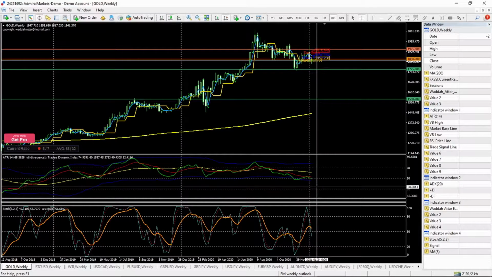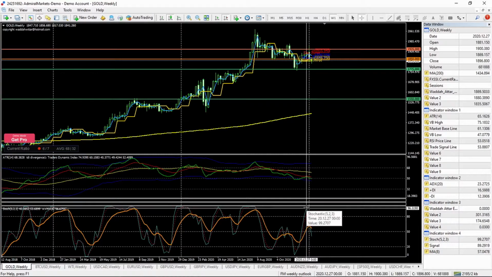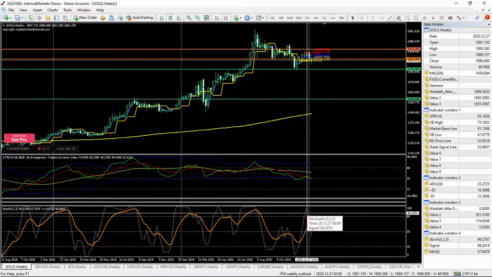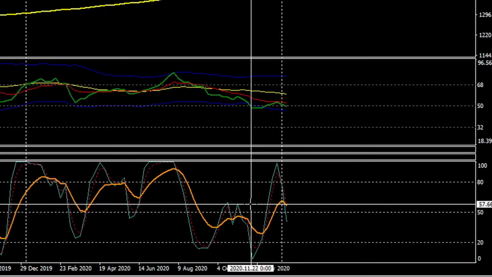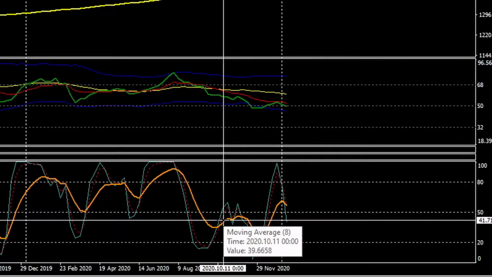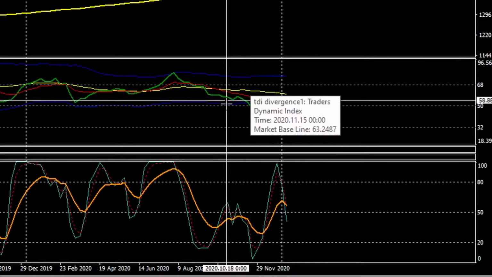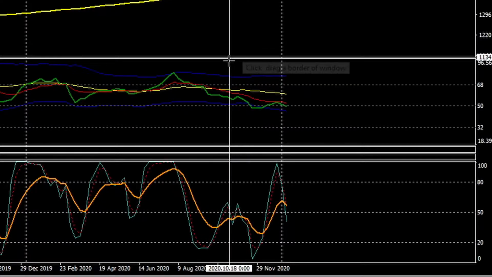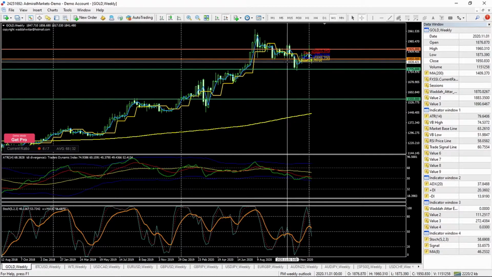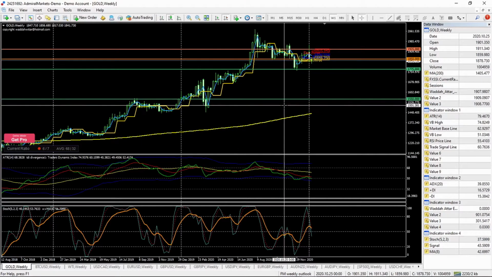Usually I have a good indication that the market is going to go down when the stochastic pulls back into the overbought or oversold level, or pulls back above the moving average while this is below the market baseline and below the trade signal line. It's like it's loading up into a distribution zone when it's going down, and an accumulation zone when it's going up.